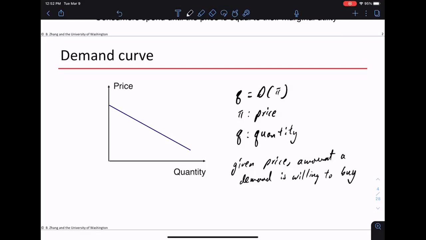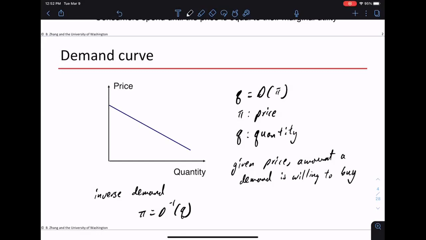This is viewing price as the X variable, quantity as the Y variable. You can of course turn this around and think of the inverse demand curve, which is price as a function of quantity. So given a quantity, this is the price I'm willing to pay.